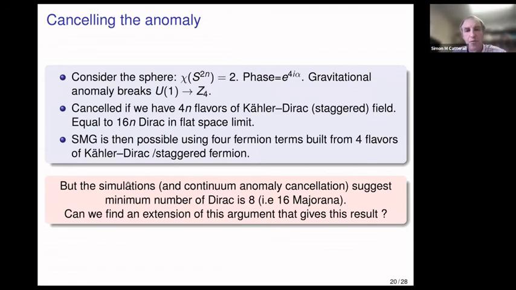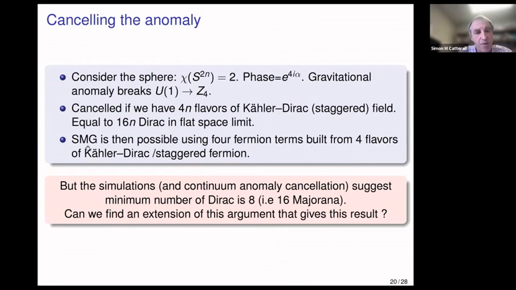But remember, each one of these Kähler-Dirac fields, like a staggered fermion, is a way of packaging 4 Dirac fermions together. So I can take this Z4 symmetry of the Kähler-Dirac partition function and use it to argue that I now have to have 16n flavors of Dirac theory in the flat space limit to cancel out this gravitational anomaly.